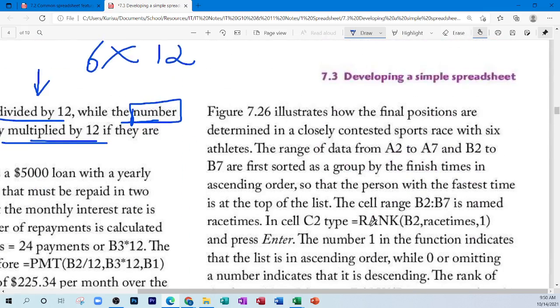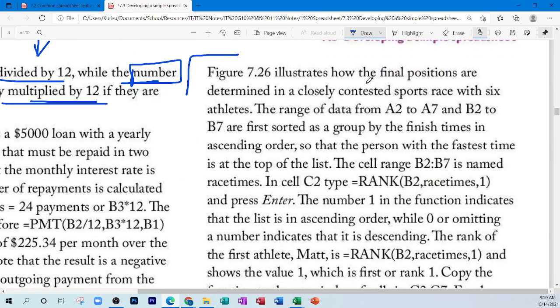And you can continue. Figure 7.26 illustrates how the final positions are determined in a closely contested sports race with 6 athletes. The range of data from A2 to A7 and B2 to B7 are first sorted out as a group by the finish times in ascending order, so that the person with the fastest time is at the top of the list.